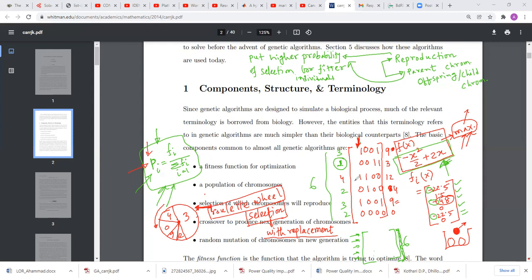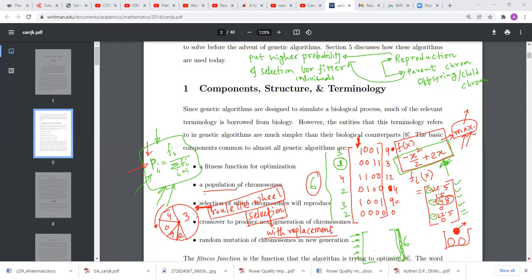I am sticking with the selection process that all my individuals are going to be updated. So for selection, I have to rotate it 6 times, because 6 is my total number of individuals, the population size. Clear?